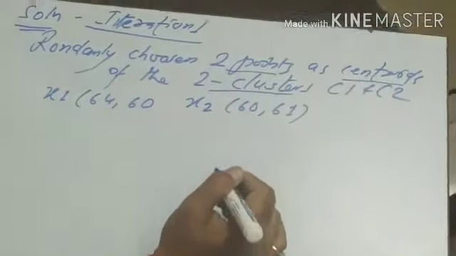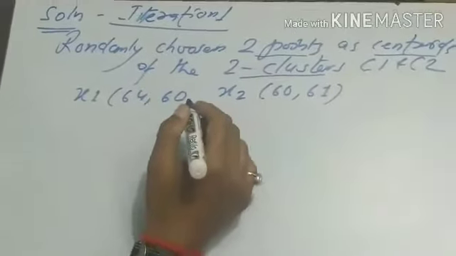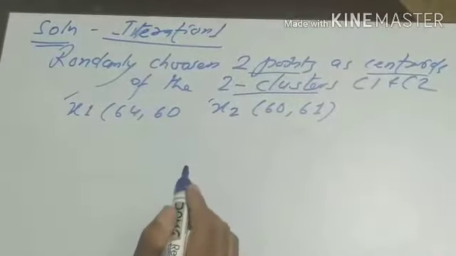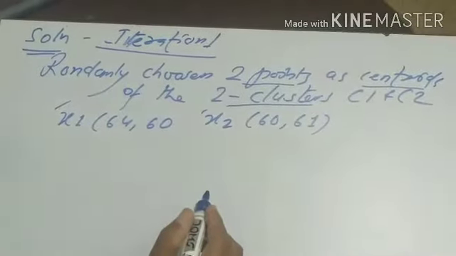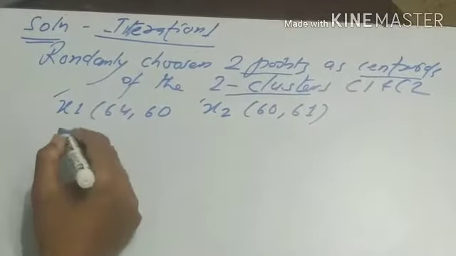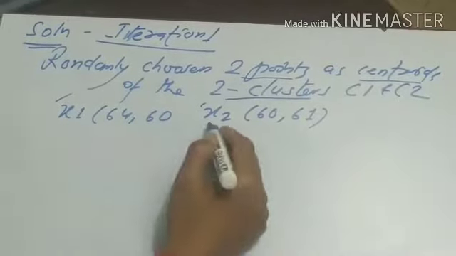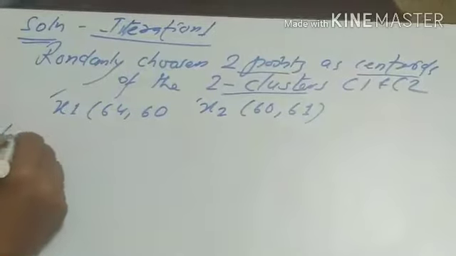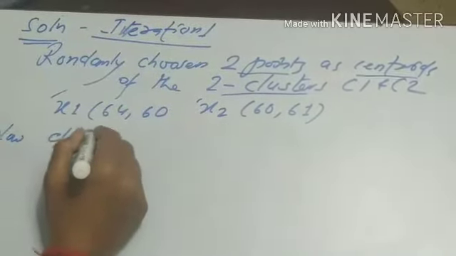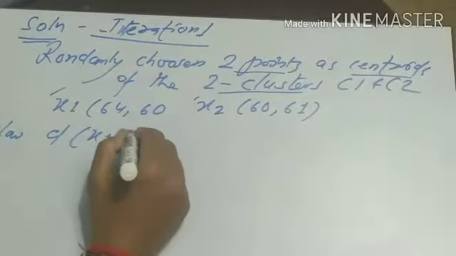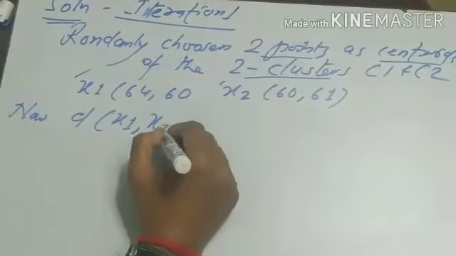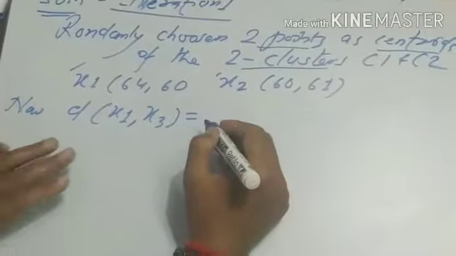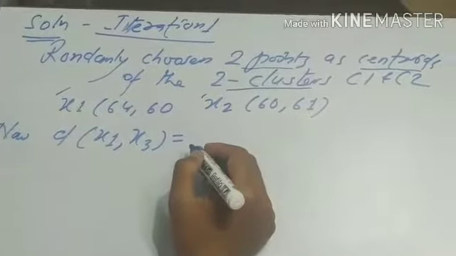The value of the number of clusters is already given. Now these 2 randomly chosen points are x1 and x2. Now we find the distance between all the points and these centroids. Now the distance between x1 and x3, here we use the Euclidean distance measure.